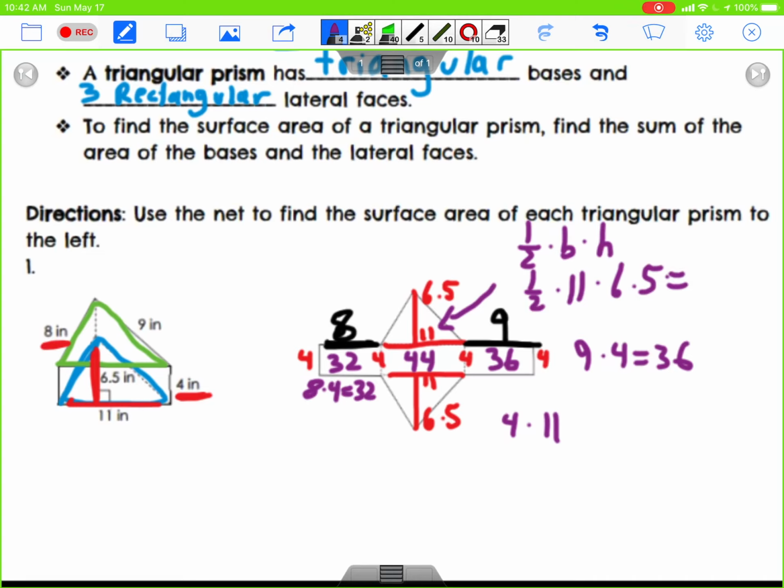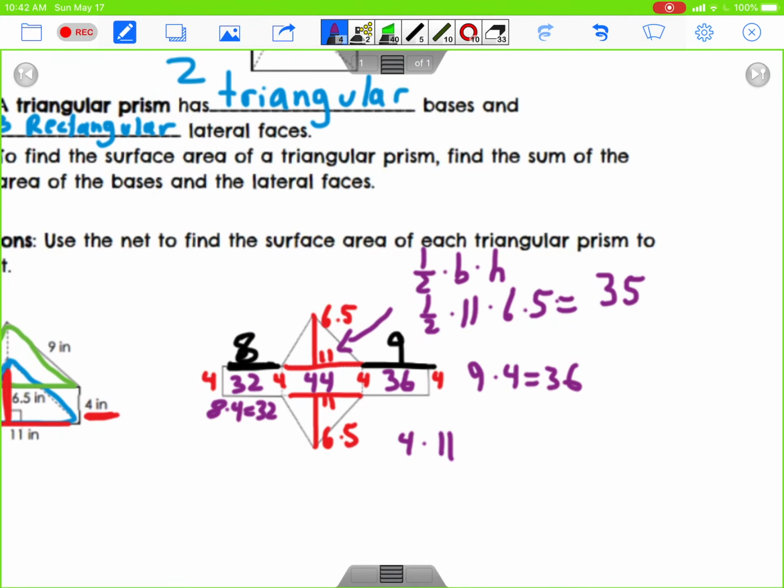Multiply all that. 0.5 times 11 times 6.5, and you get 35.75. Once you have that triangle, like I said before, this triangle right here is going to be exactly the same, 35.75.